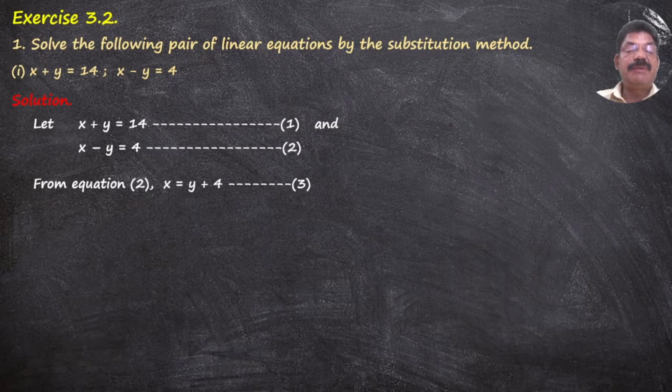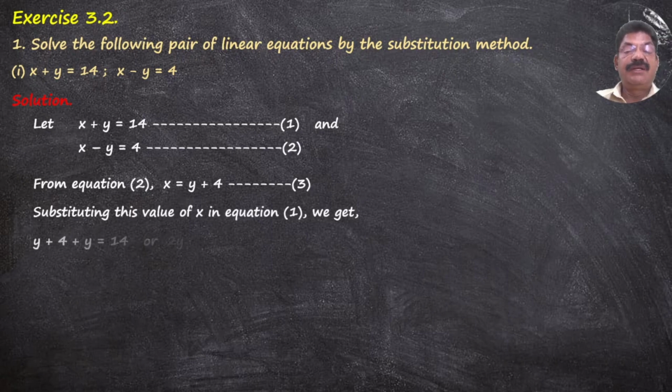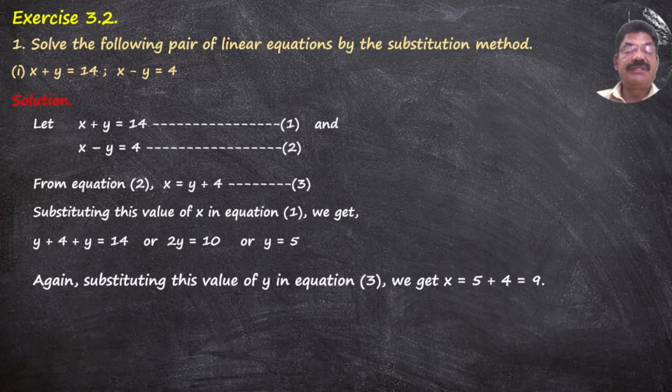Obviously, x is equal to y plus 4. So, you put this value of x in equation number 1, we get y is equal to 5. So, again substituting this value of y, we get x is equal to 5 plus 4, which is equal to 9. So, we have solved the pair of linear equations. So, the solution is x is equal to 9, y is equal to 5.